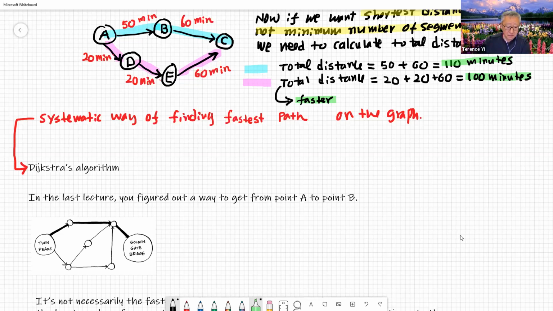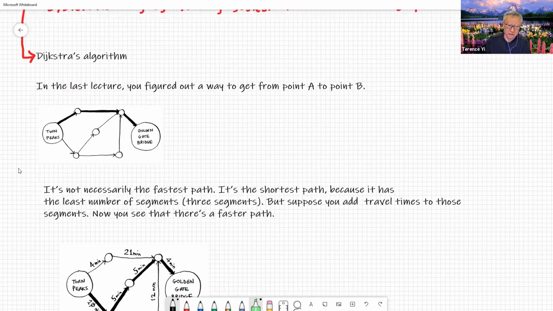Okay, so let's just go through this one more time here. In the last lecture, we figured out a way to get from point A to point B. In the example that we went through, we went from Twin Peaks to the Golden Gate Bridge, and we found out that there are 3 segments on the top path that will take us to the Golden Gate Bridge, compared to the other path, which will take 4, right?